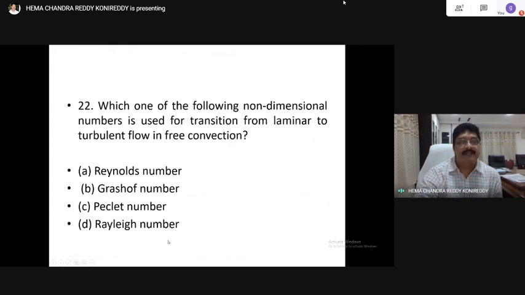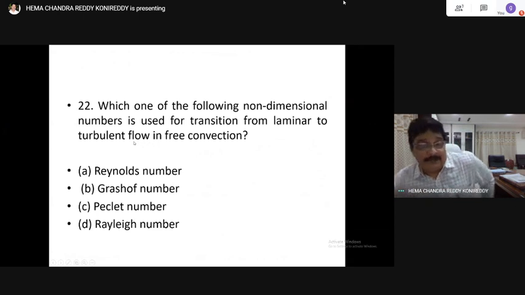I think too many questions came in there. Which one of the following non-dimensional numbers is used to determine transition from laminar to turbulent flow in free convection? Please don't get confused. The transition from laminar to turbulent in forced convection is decided by Reynolds number. I think we said 5 into 10 power 5 for a flat plate, 2300 for a pipe flow.